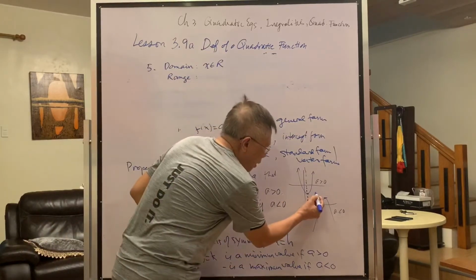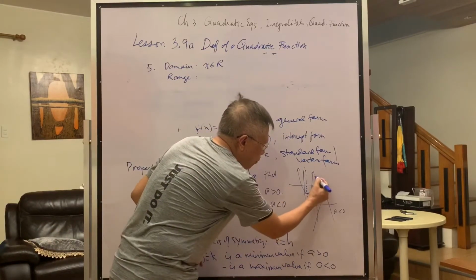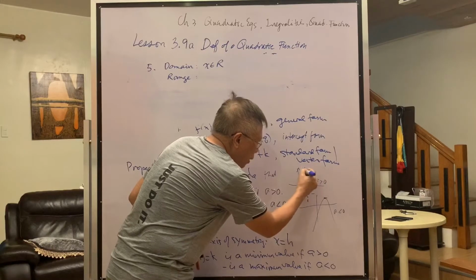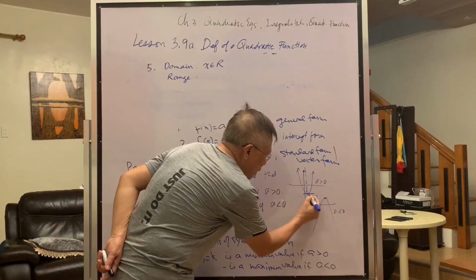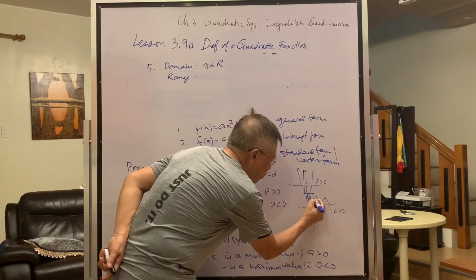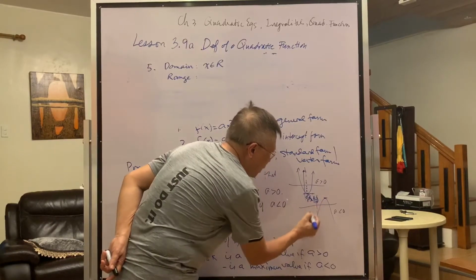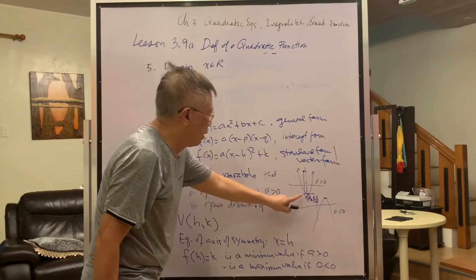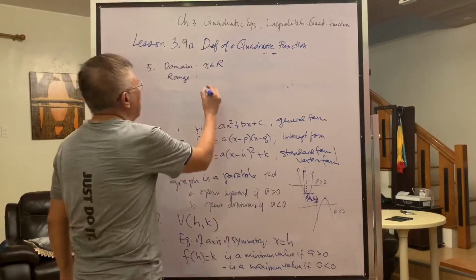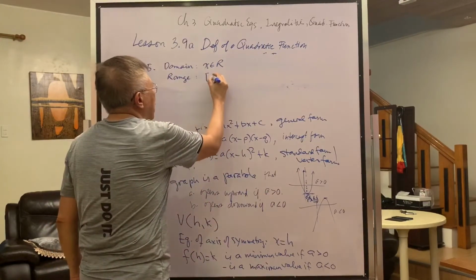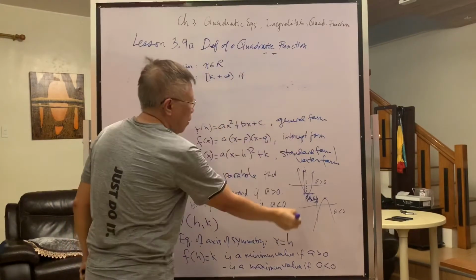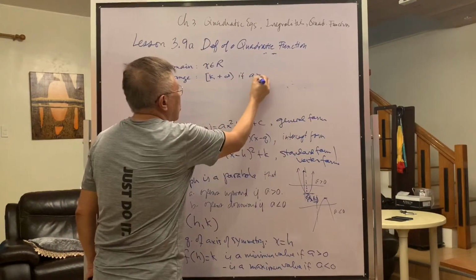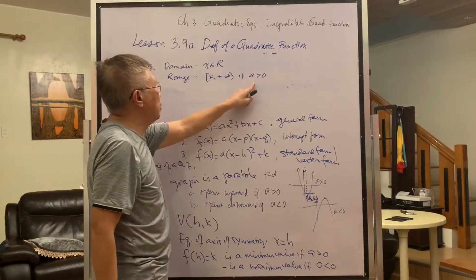Here, if you have a projection of your graph to the y-axis, you will notice that your lowest value for your function is k. So therefore, the range for this function will be starting from k up to positive infinity if the parabola is opening up, or a is greater than 0.